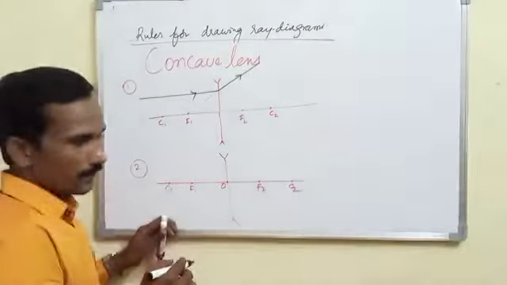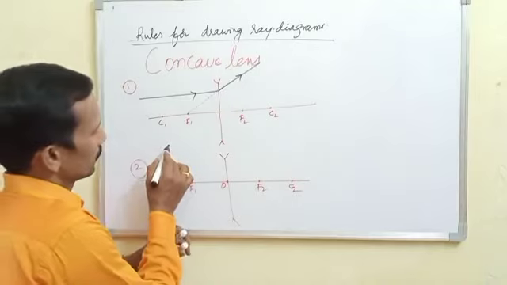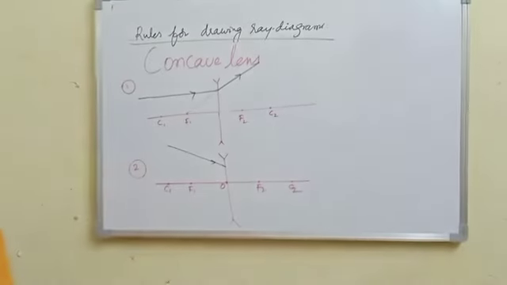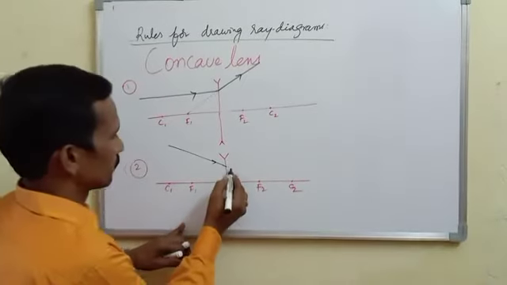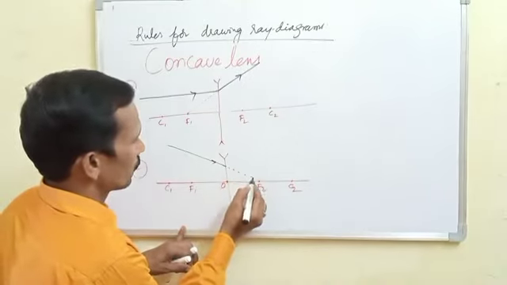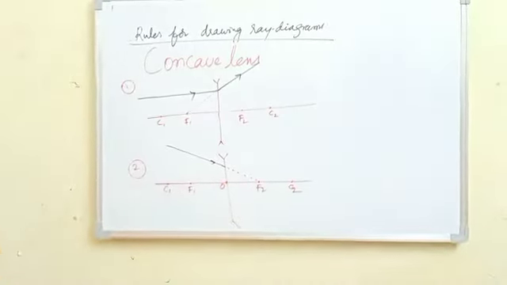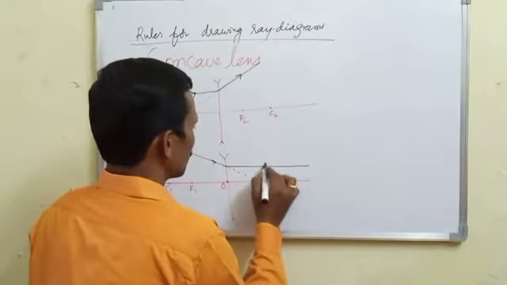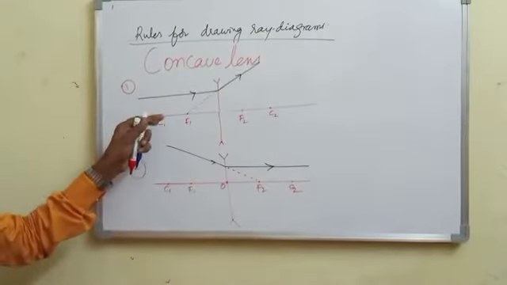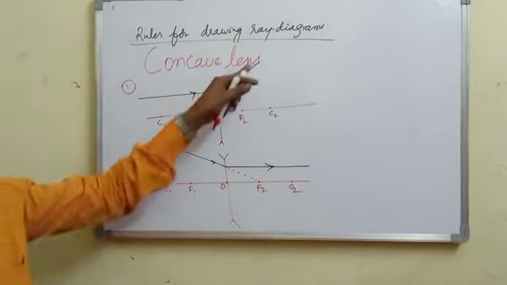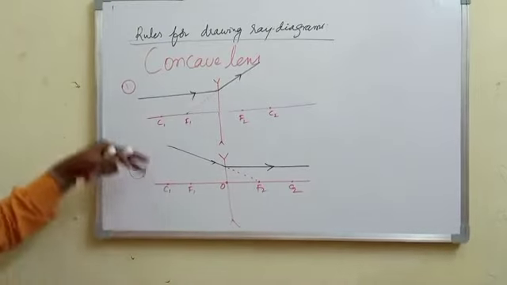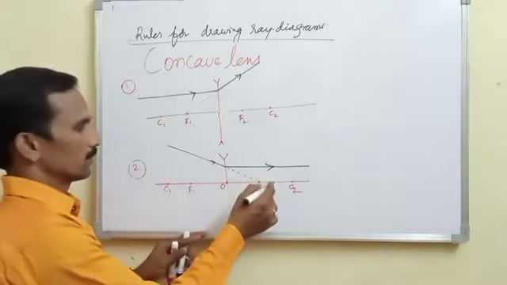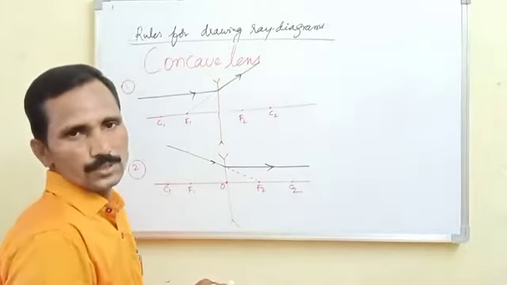When a light ray is incident appearing to go through the focus, after refraction it diverges like this and becomes parallel to the principal axis. The ray which appears to be incident through the focus will diverge and become parallel to the principal axis.